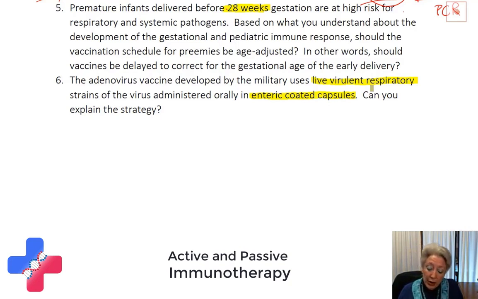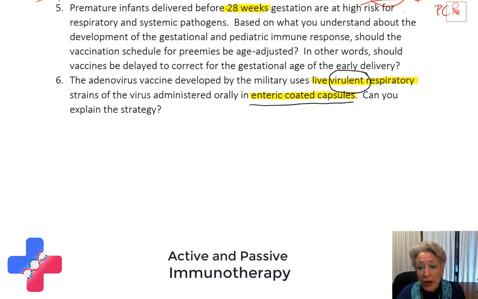All right, so this is the only example that we will talk about of a virulent strain being included in the vaccine. Nothing has been done to this virus to stop it from causing dangerous infection, except that it's being given in an unnatural way.